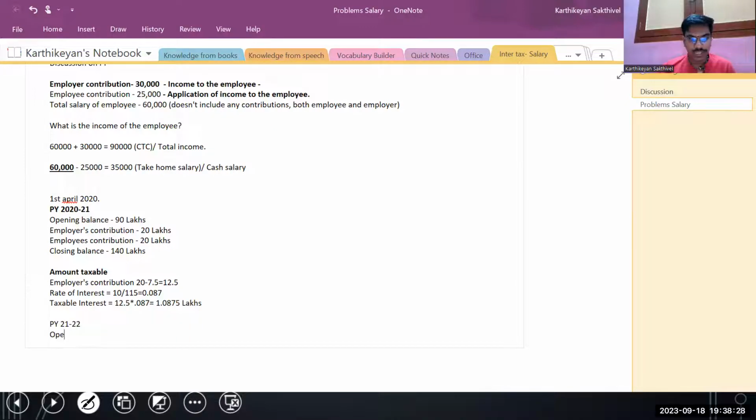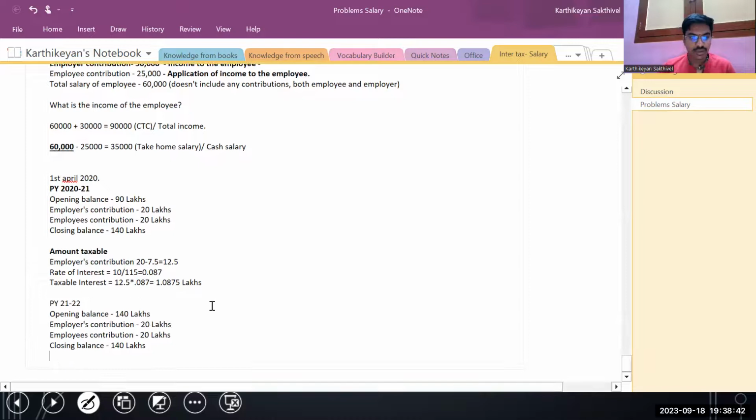இங்க opening balance என்ன 140 lakhs. Correct? Yes, sir. So employers contribution same அதே figures அப்படியே எடுத்துப்போம். Employers contribution 20 lakhs. Employees contribution is 20 lakhs. So basically you will be getting 140, 180.